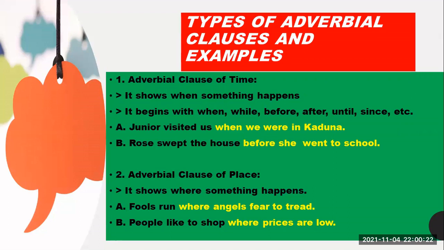Or when does it happen? Now, an adverbial clause of time usually begins with WH words or other subordinating conjunctions such as when, while, before, after, until, since, and so on. For example, Junior visited us when we were in Kaduna.